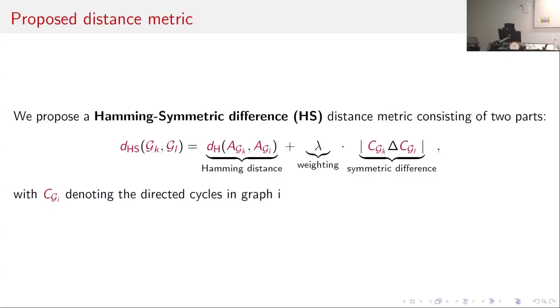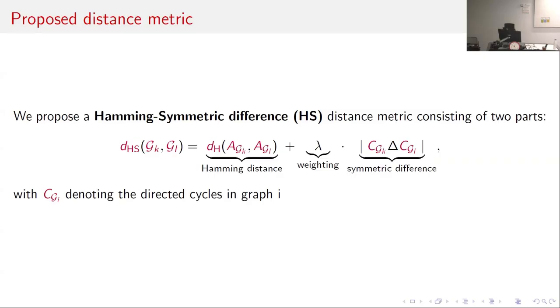And it has a second part, which is a symmetric difference of the directed cycles in the k-th network observation and the l-th network observation. So this part explicitly accounts for the not-in-common cycles. We also have a weighting factor to indicate which metric plays a bigger role in the resulting HS distance.